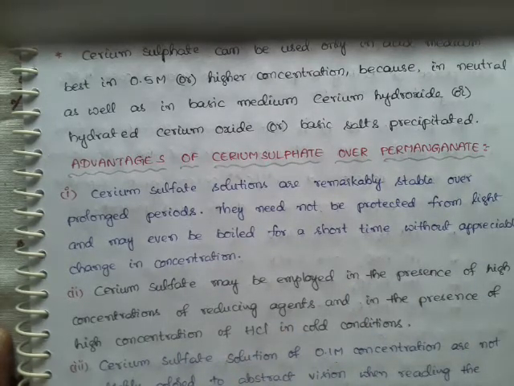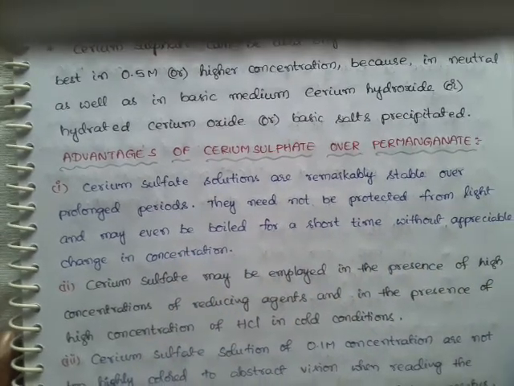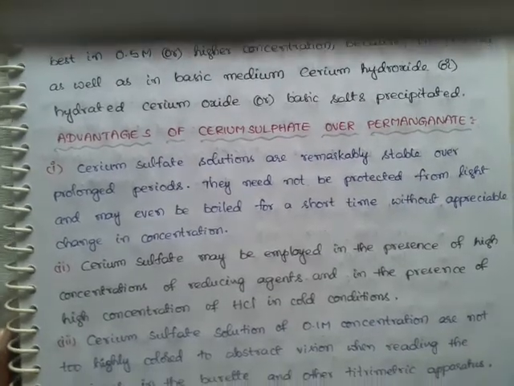Means you can store for more time when compared to KMnO4. They need not be protected from light and may even be boiled for a short time without appreciable change in concentration. So even if boiled, there is no concentration change.